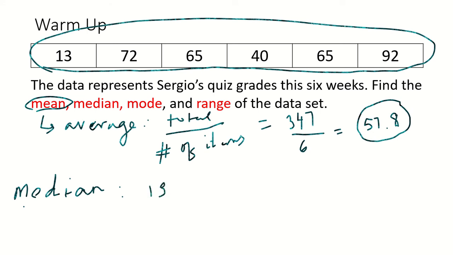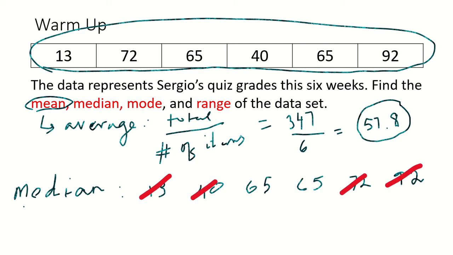The lowest grade was a 13, then the 40, then the 65, there was another 65, then a 72, and the highest grade a 92.